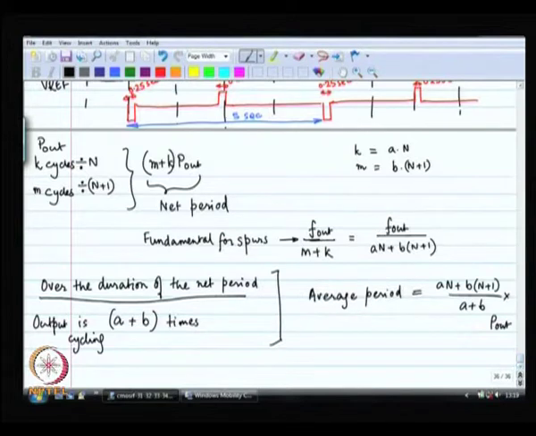So, that means that the frequency at the output of the divided, is 1 by the period times, right, and 1 by P out is basically equal to F out.